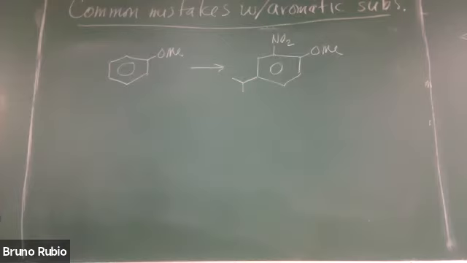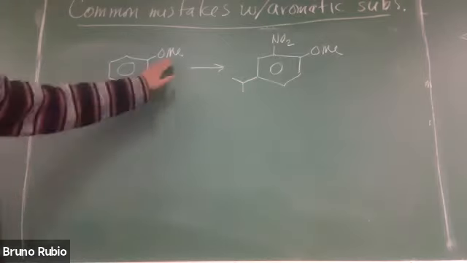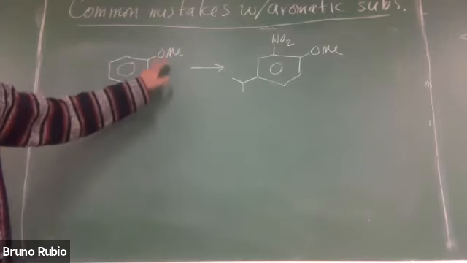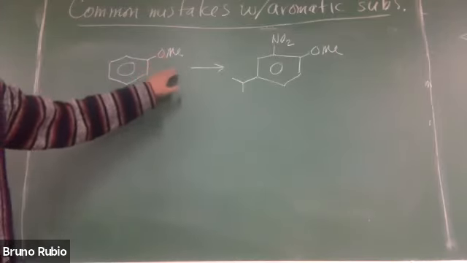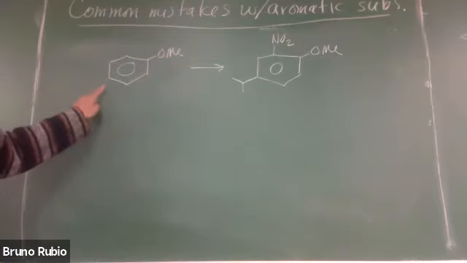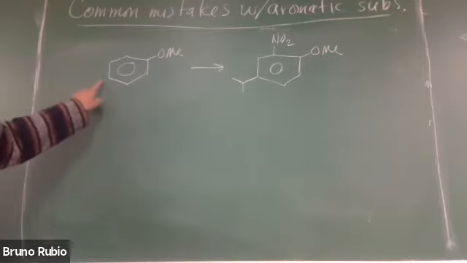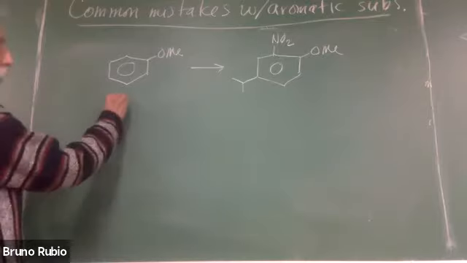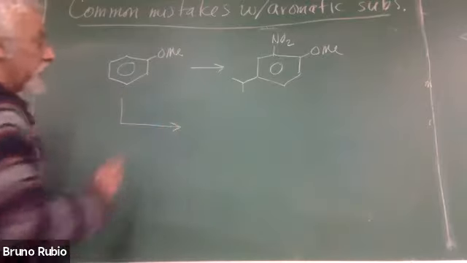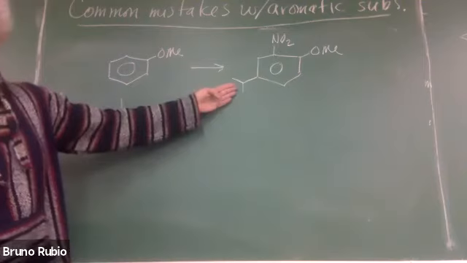Oh, I would put the fishtail on first, because this is an ortho-para director. The major product when we're dealing with an ortho-para director is nearly always going to be the para substitution product. So it would be a mistake to nitrate first, because the major product in that case would put the nitro group here. So the correct order of steps would be first to put on this fishtail.